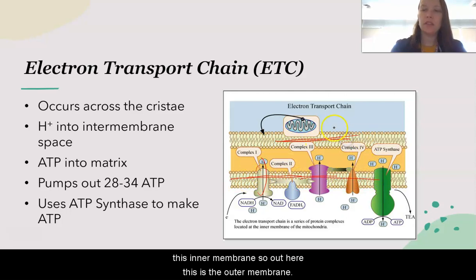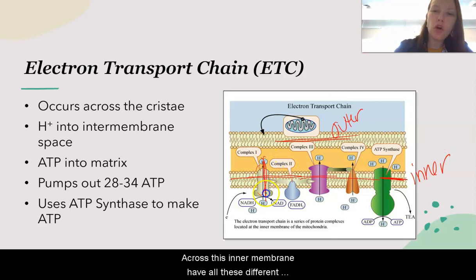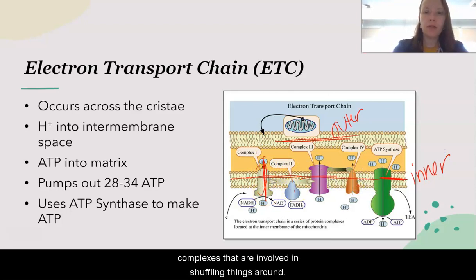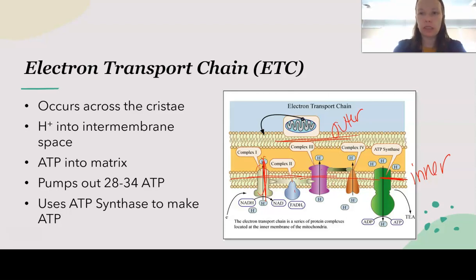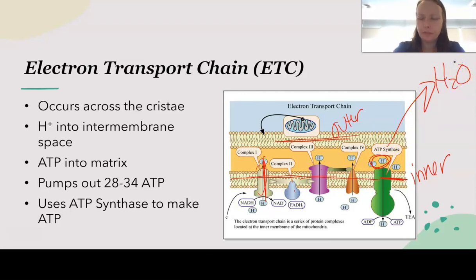So out here, this is the outer membrane of the mitochondria, and in here, this is my inner membrane. Across this inner membrane, I have all these different complexes that are involved in shuffling things around. They shuffle electrons and they shuffle protons. And what this does is ultimately allows us to make that water, right? So water will come out of our electron transport chain.